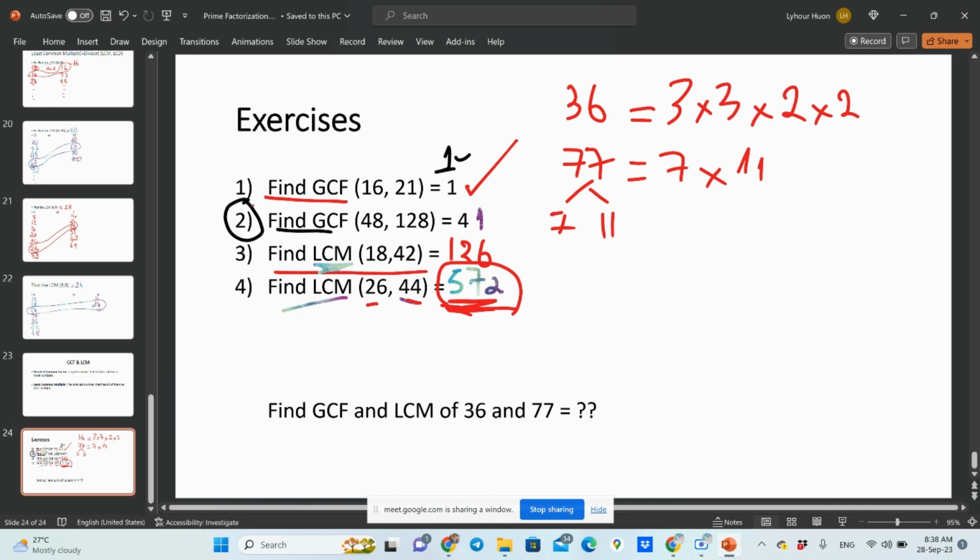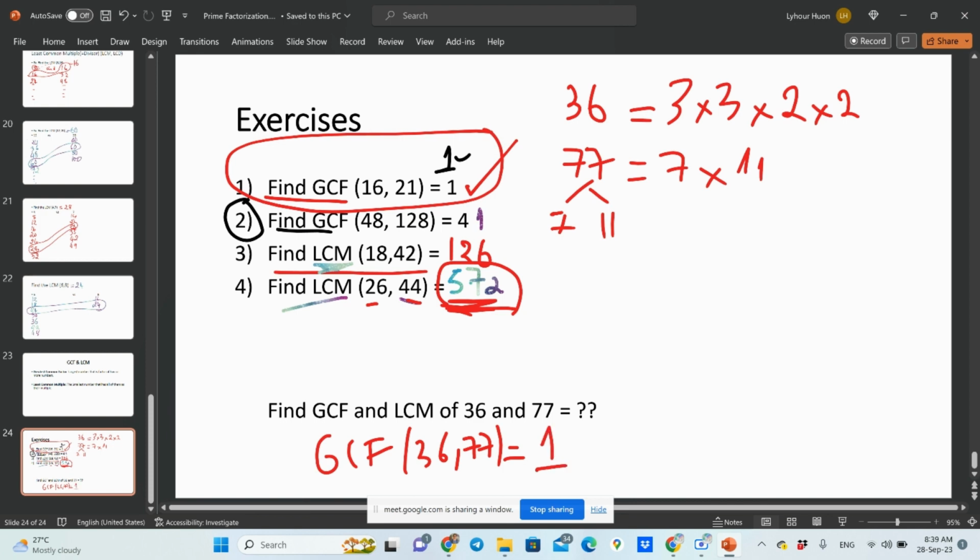So in order to find the GCF of 36 and 77, do we have the common pair? No, we don't have. When we don't have a common pair, the GCF of 36 and 77 will be 1.